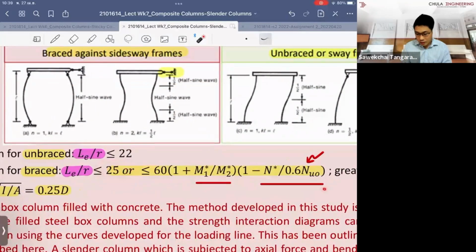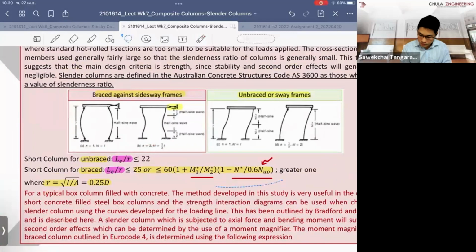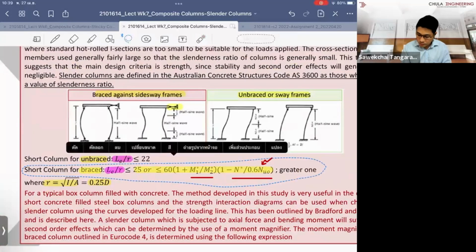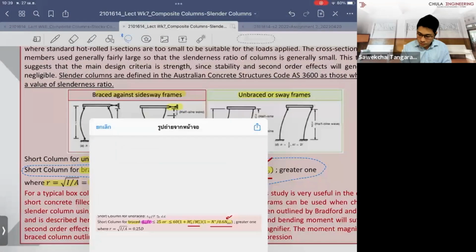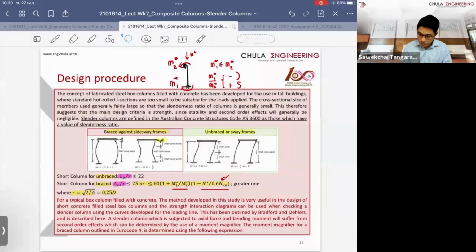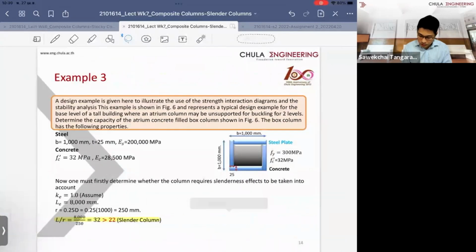which is 25, or these equations here. And in the exam, I will tell you clearly, okay? So this is the limit we're talking about. Okay, this is the limit we use.